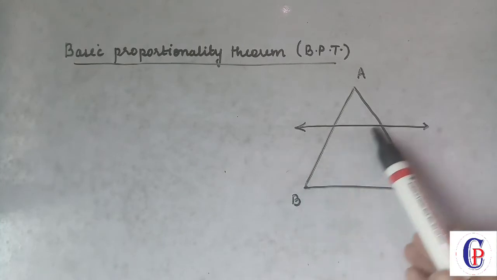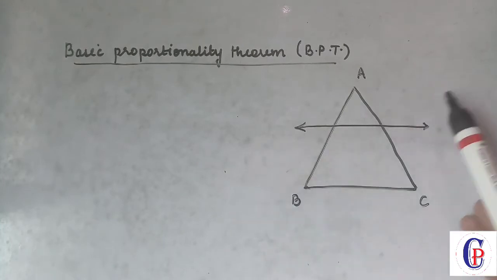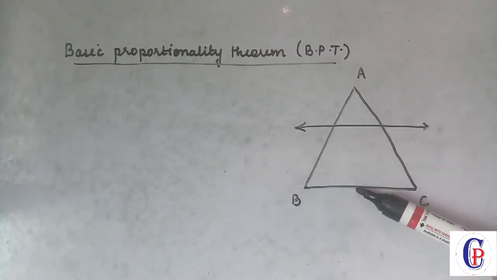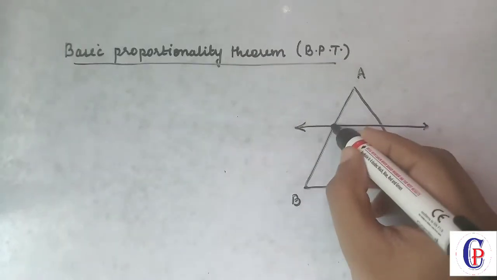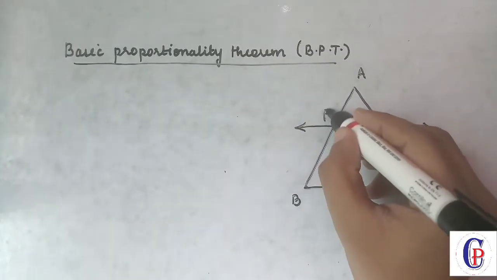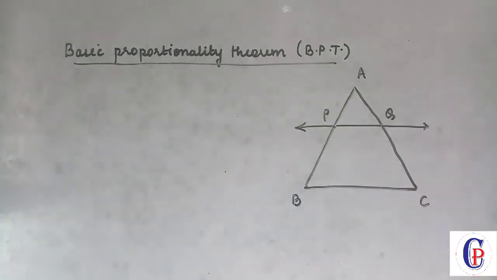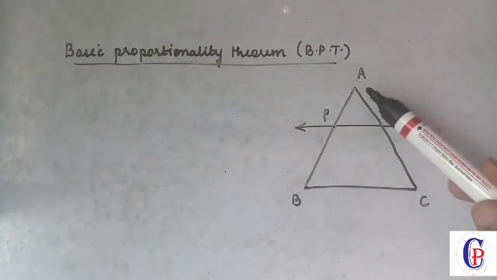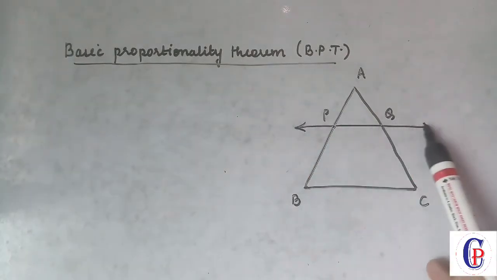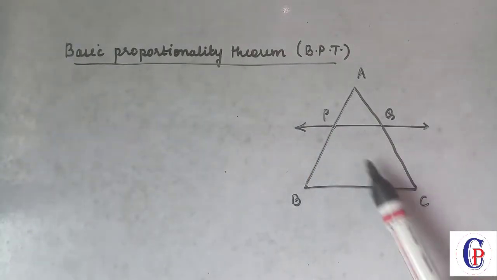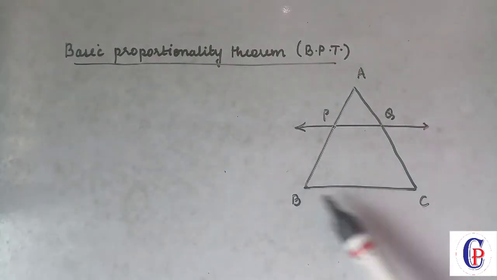It is not slanting, it is exactly parallel to this side. Now let us name these points P and Q. I have drawn a triangle ABC and one line parallel to one side. There are three sides, AB, AC and BC.